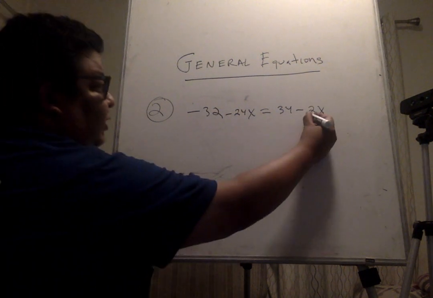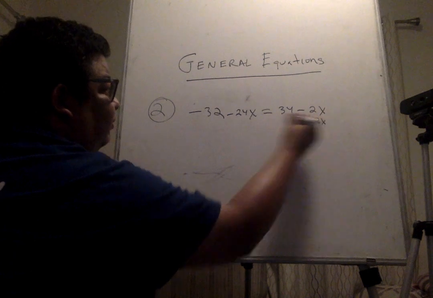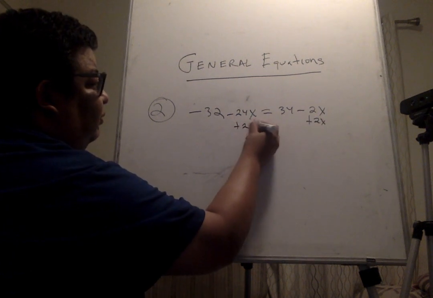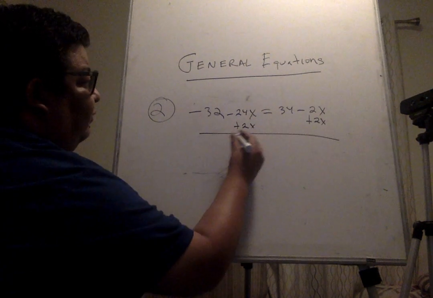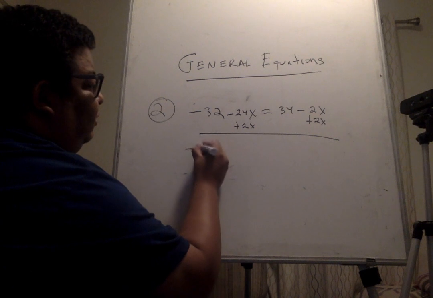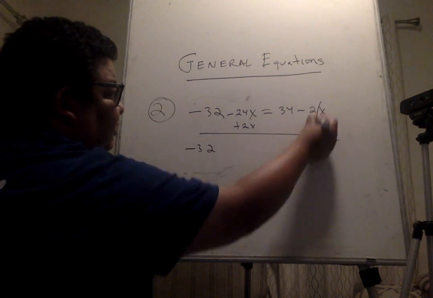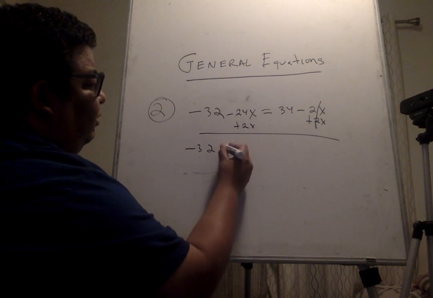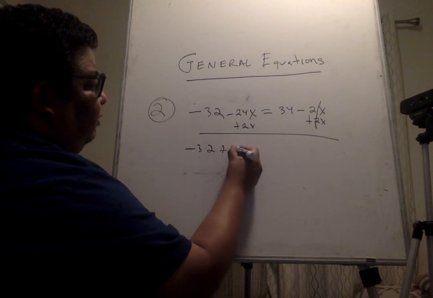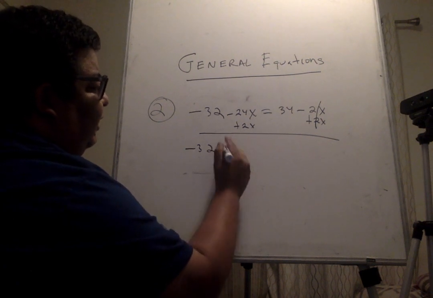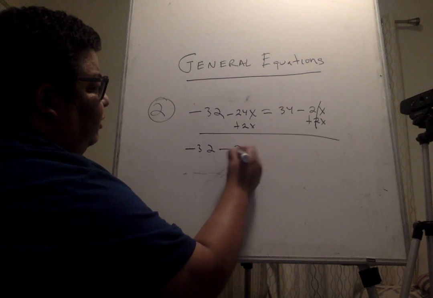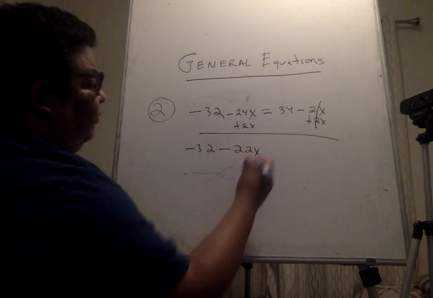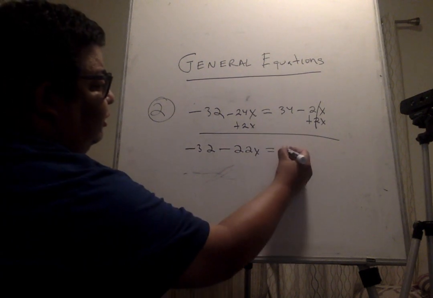So let's move the 2x to the other side first, plus 2x. So we have negative 32, this cancels. Negative 24 plus 2 will be negative 22x equals 34.